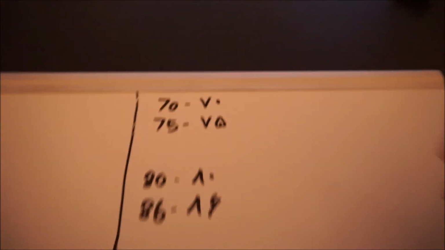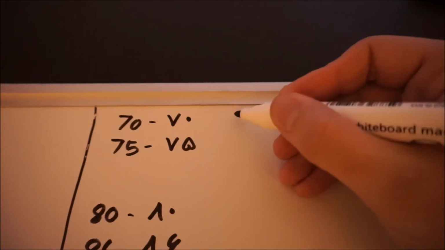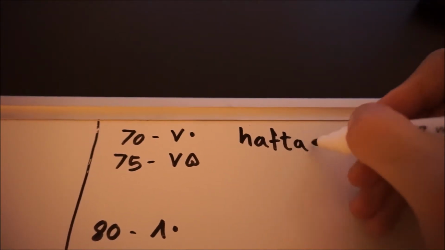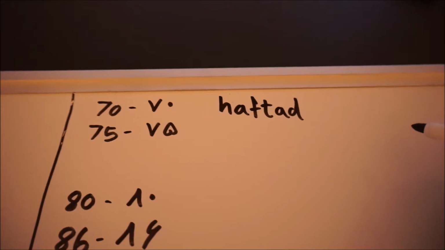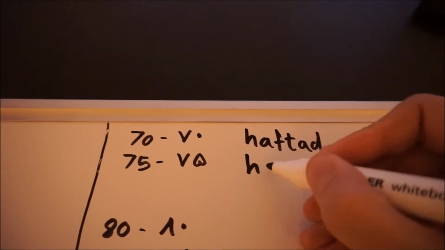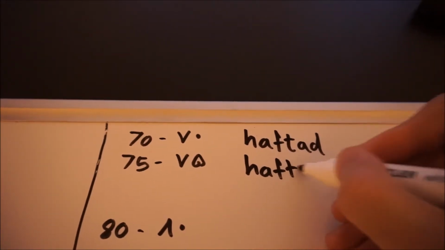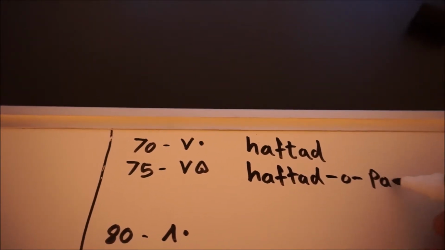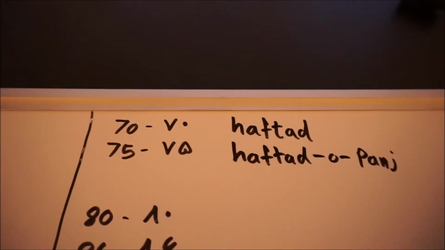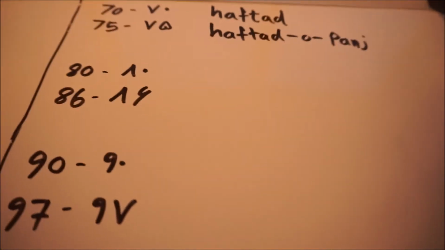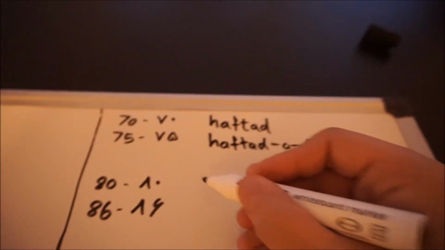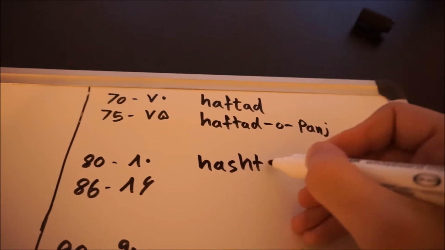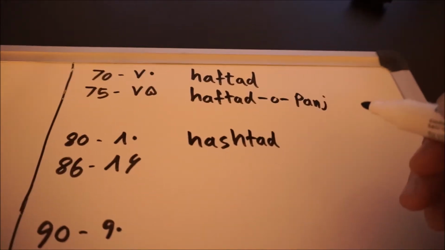Then we reach 70. And the word for 70 is haftat. So here we want to do 75. So haftat o panj is 75. If you want to do 80, 80 is called hashtat.